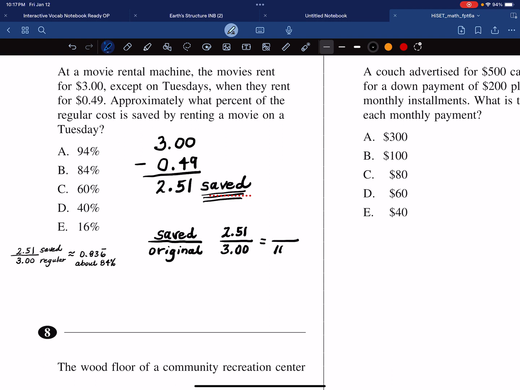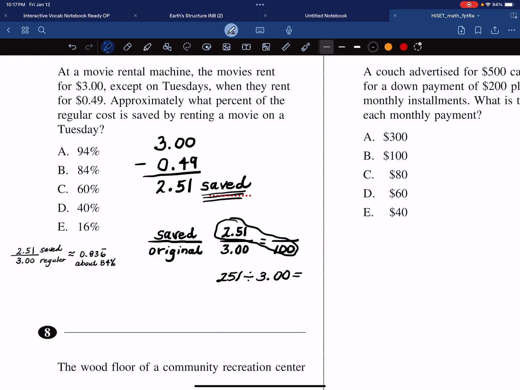And if I want to know what that is as a percent, I would set it up as a proportion of 100. So you could multiply these two, which would be 251, and divide that by 3.00, and you're going to get the same answer, I hope.